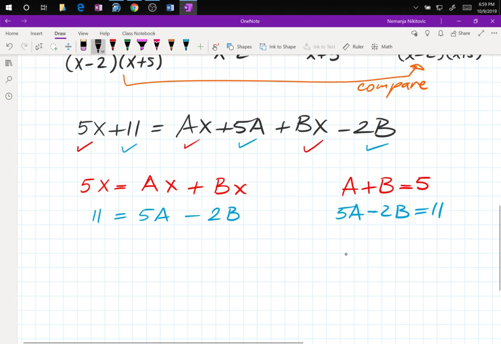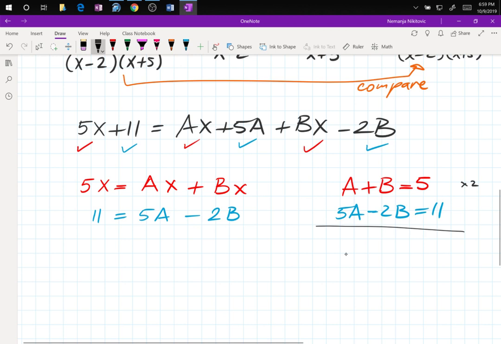Now, use whatever method you like the best, right? Guess and check method, substitution, elimination, essential oils, whatever works, just get A and B out of it. I'm going to multiply top equation by 2, which will kill B's.